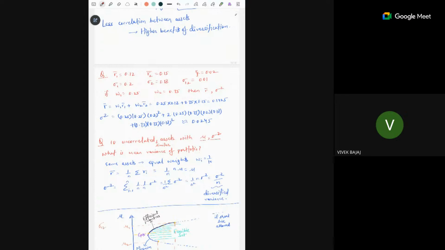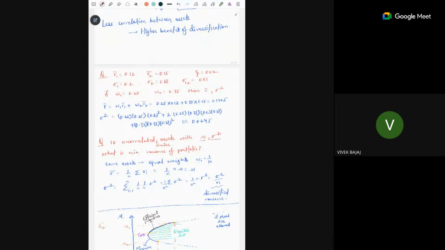These 10 assets are the same or similar. By intuition, and also by using the Markowitz model, you give the same weight to all the assets, so equal weights.